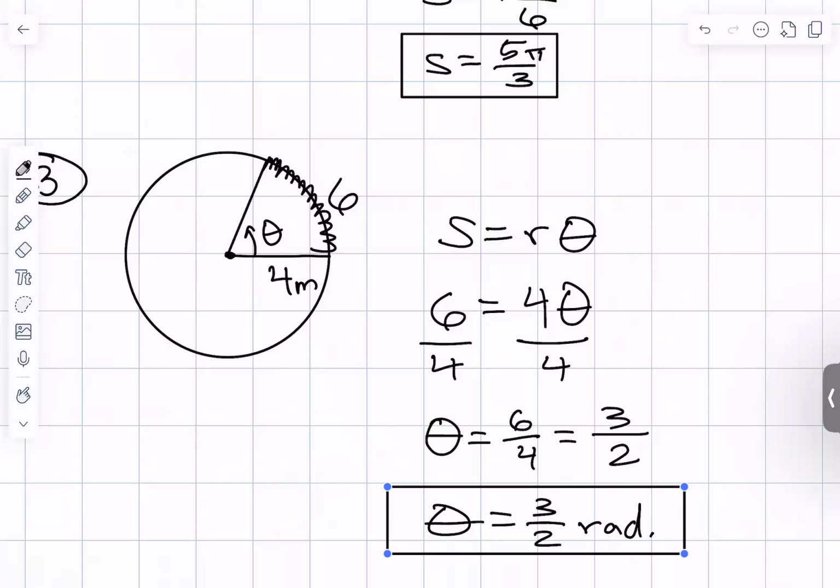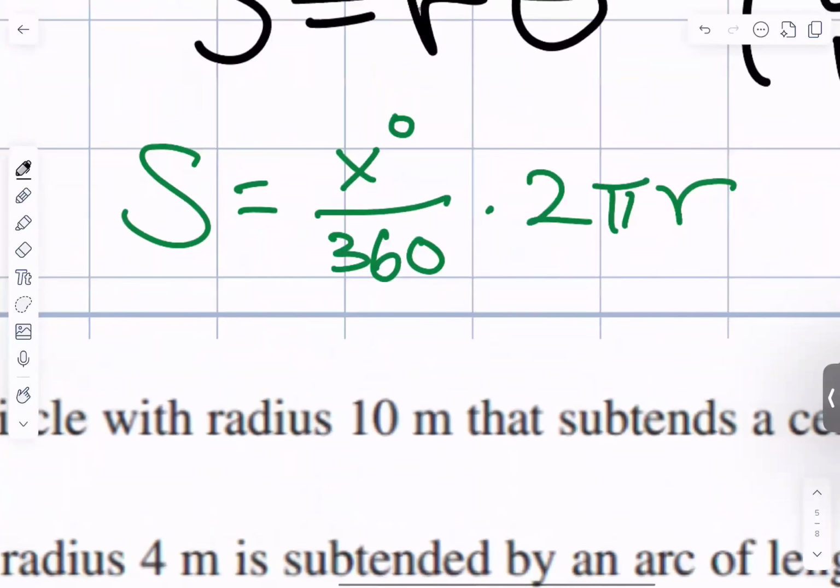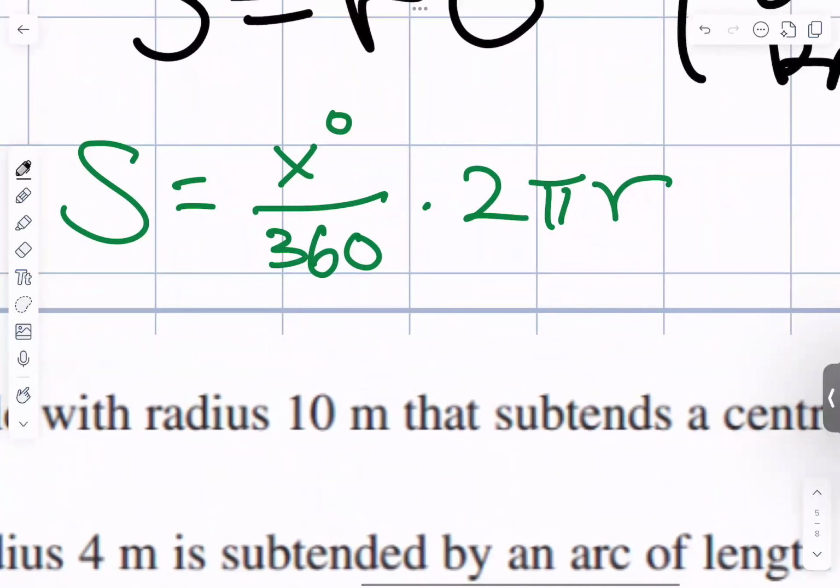So if you just use that formula, you'll be fine. If you don't understand the formula, then you can always go back to x divided by 360 in terms of degrees times 2 pi r.